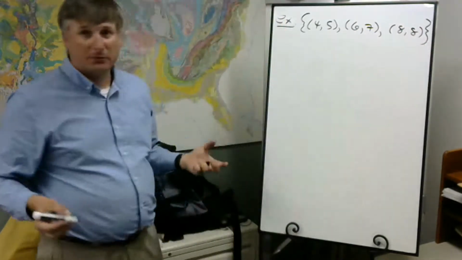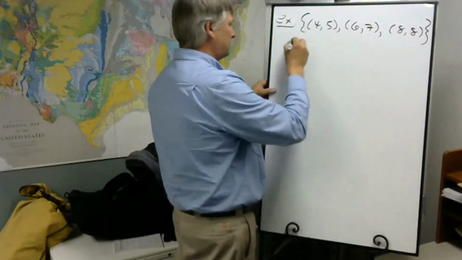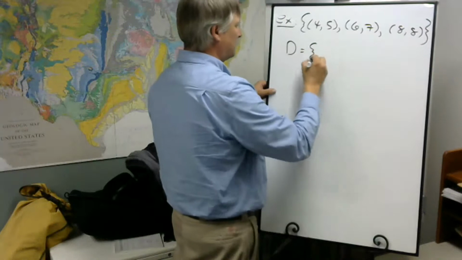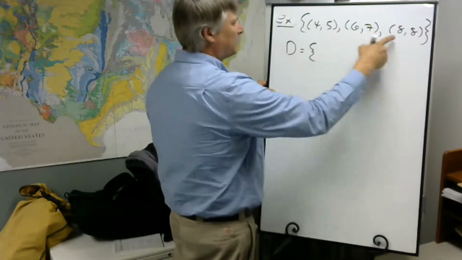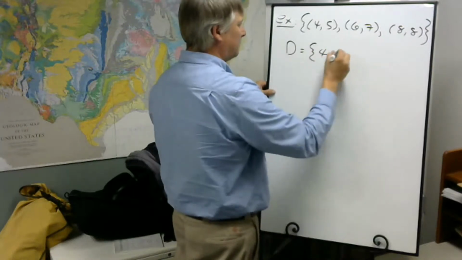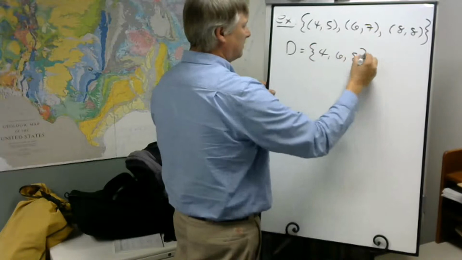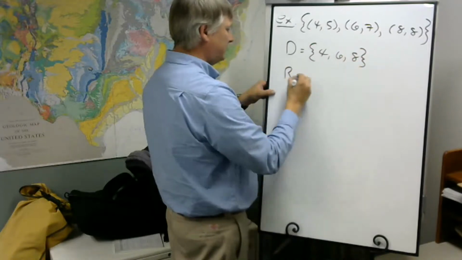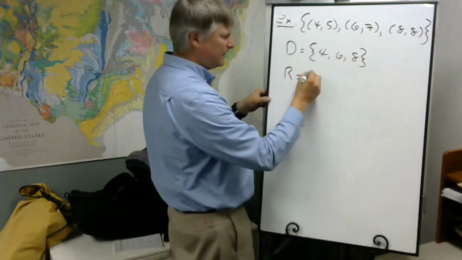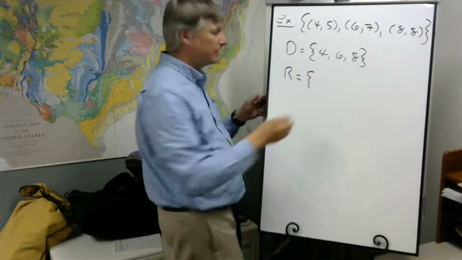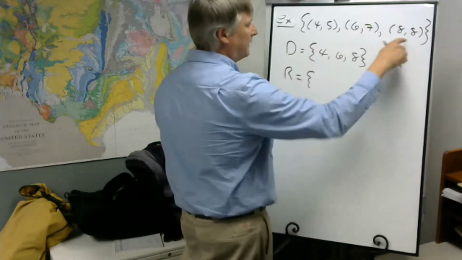So again, let's look for domain and range. So the inputs are 4, 6, and 8. And the range, or the outputs, again, is that second number in the ordered pair, 5, 7, and 8.